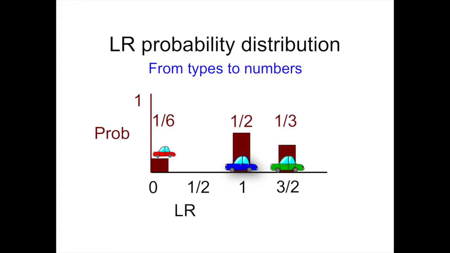It's the same data we saw on slide 9. We're just restructuring it so that the x-axis is the likelihood ratio, the y-axis is the prior probability. So we can go from all these types with probabilities on them to a one-dimensional distribution.